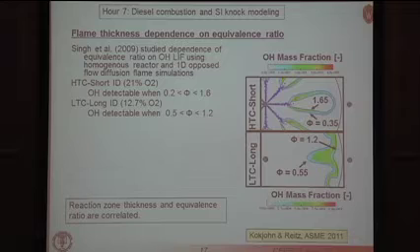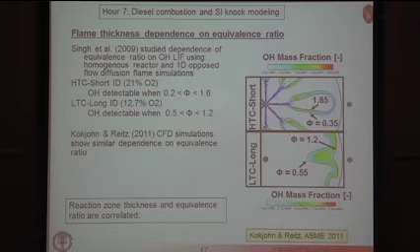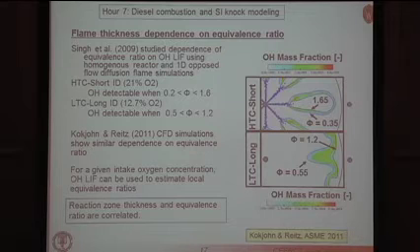So essentially, the OH can be used to estimate equivalence ratio in flames. And this is something that was proposed by Sapir in his thesis, and these results really confirm that. Basically, quantitative measurements of OH can be used to estimate local equivalence ratios. So OH laser-induced fluorescence can be used to estimate equivalence ratios.